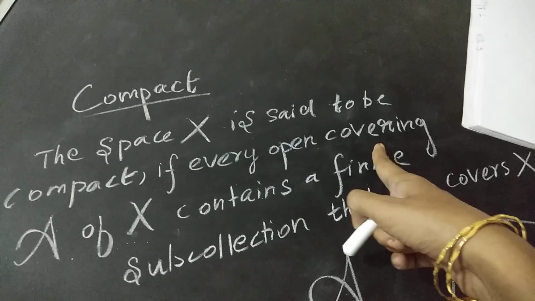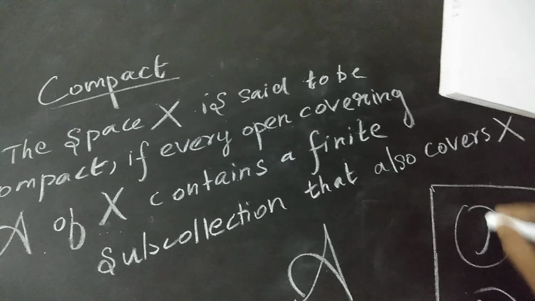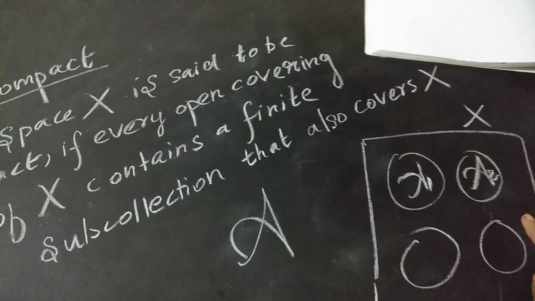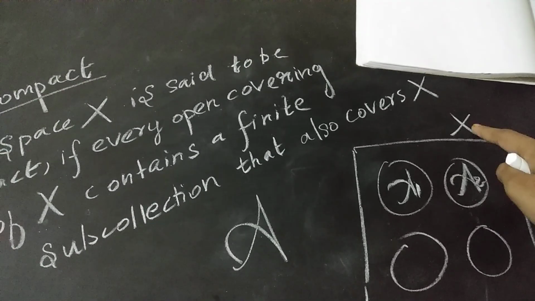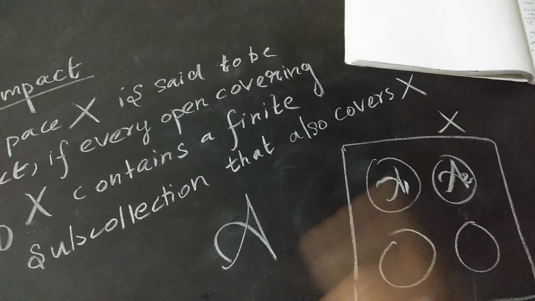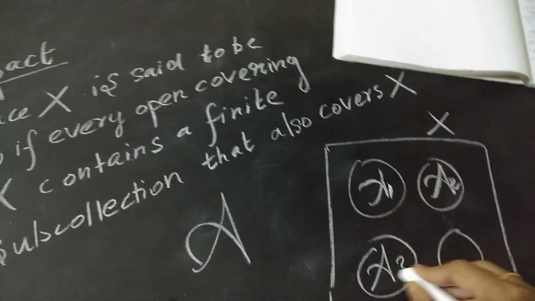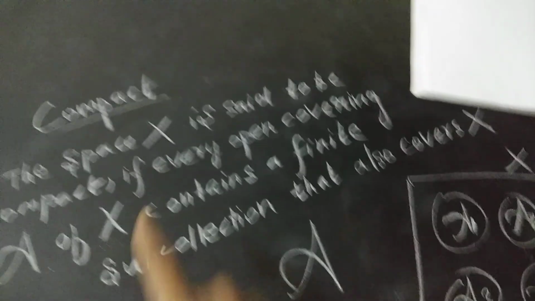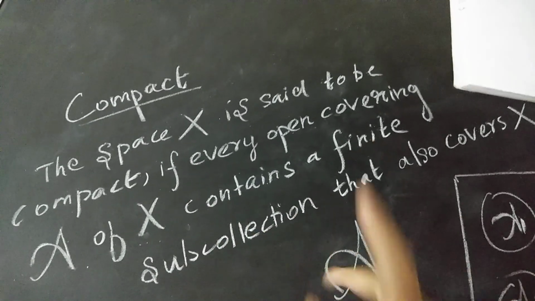Every open covering script A of X, I am giving names to these: these are the open coverings A1, A2. These are not subsets now, these are open coverings. I told you inside the topological space X you will have so many open coverings. Just before, I explained one open covering. So every open covering script A of capital X contains a finite subcollection.